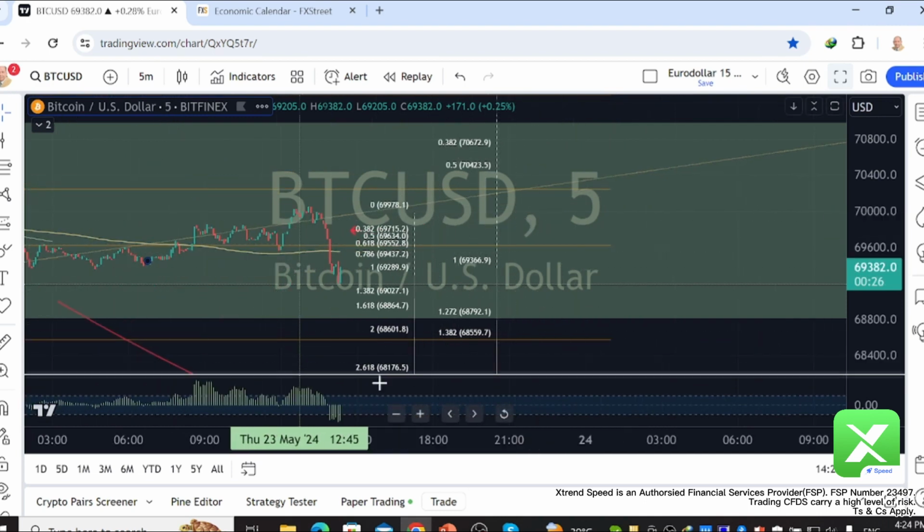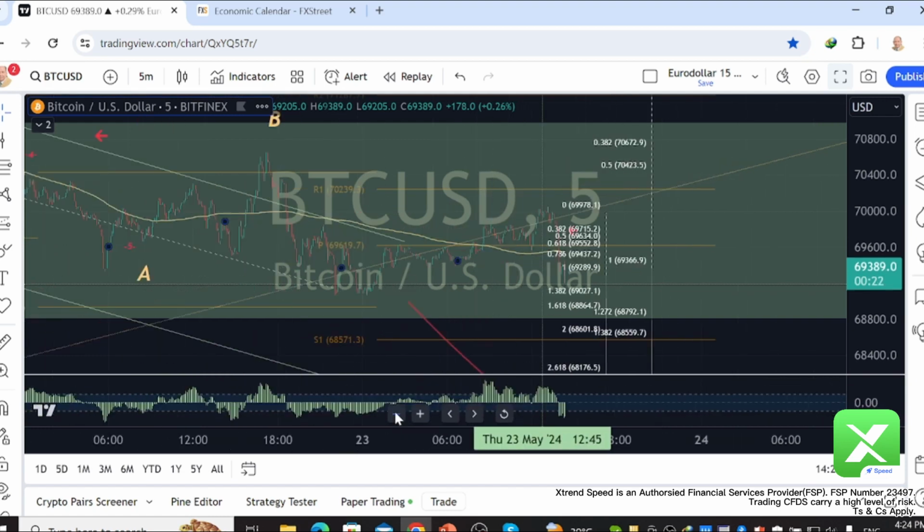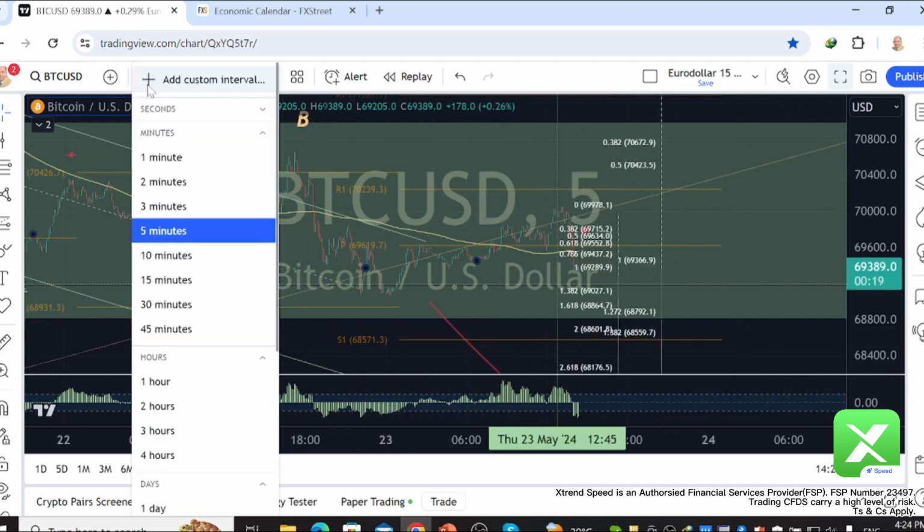So let's take a look first at the momentum. We're not really having any negative momentum on the 5 minutes. No breakthrough yet, no breakdown yet.